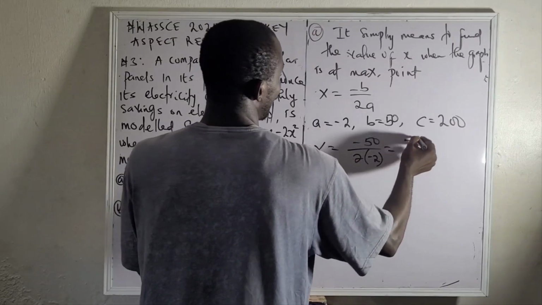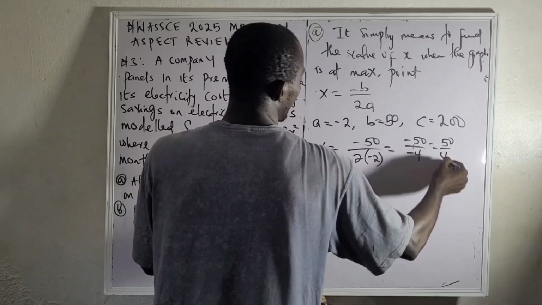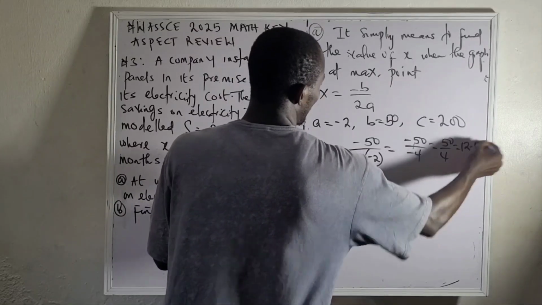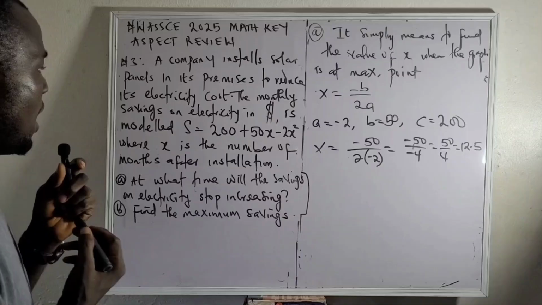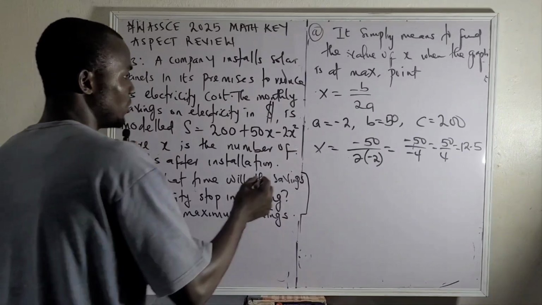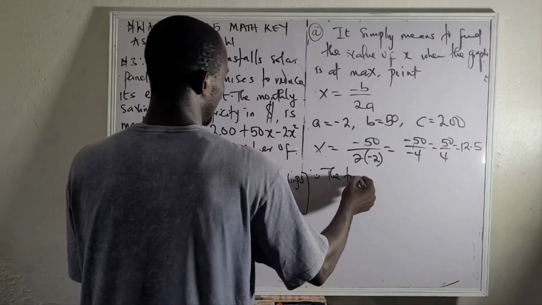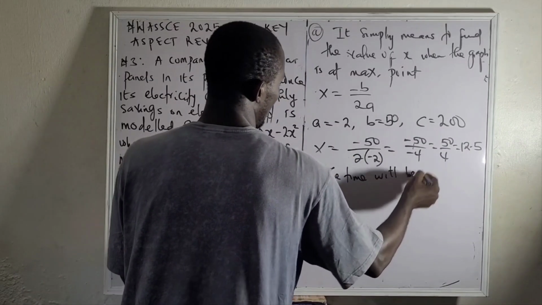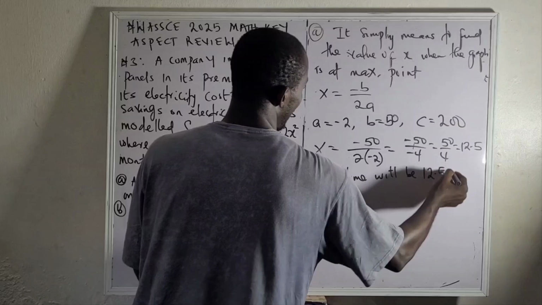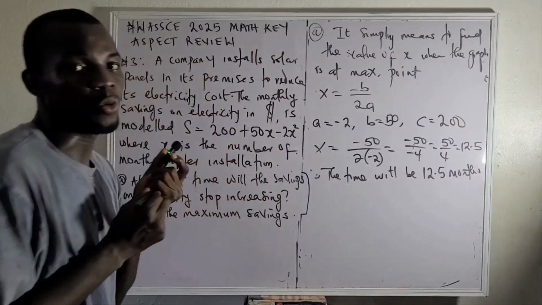This will be minus 50 over minus 4, and this will be 50 over 4, which is equal to 12.5. So we can now say, therefore, the time will be 12.5 months.